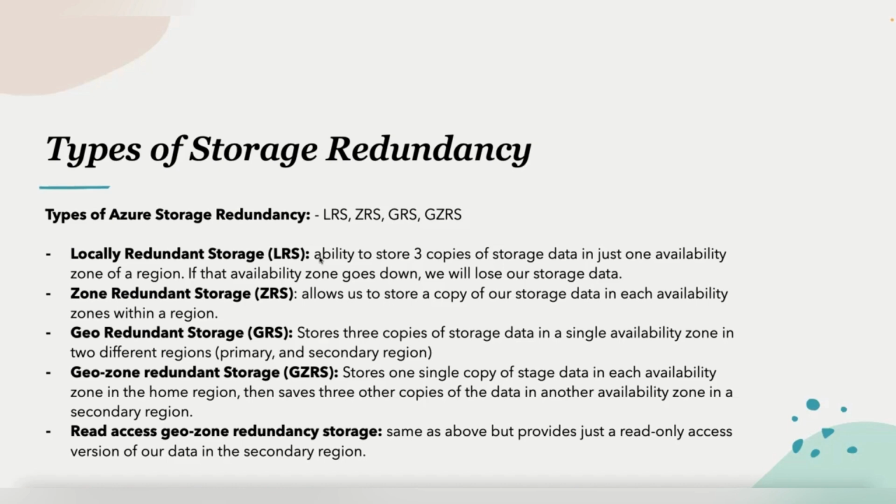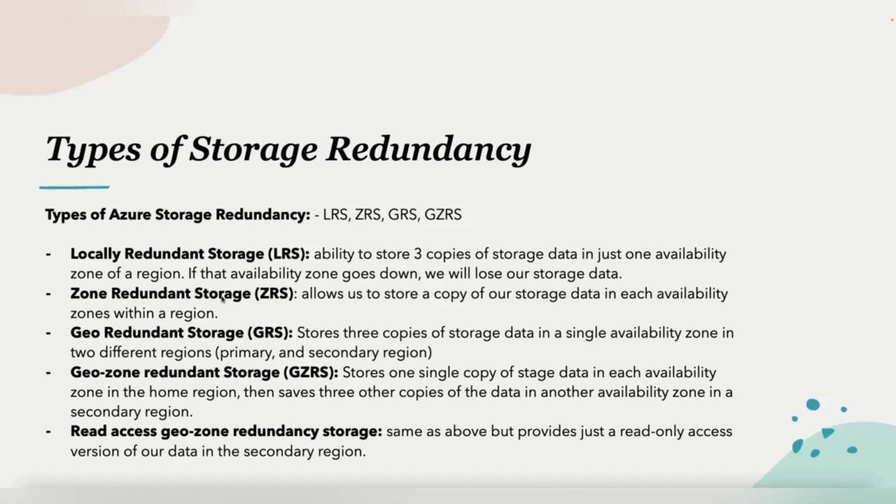And so in the case of the locally redundant storage, it gives us the ability to have 3 copies of our Azure storage account data within one region, and within that one region, it puts it in just one availability zone. However, since this is the most basic and entry-level redundancy option, if our availability zone goes down in this scenario, we lose all our storage data.